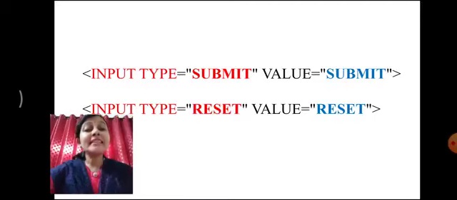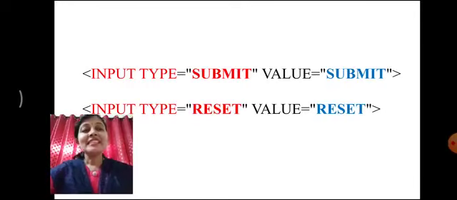And next, what is reset? Input type equals reset. We have assigned the value as reset. When the user clicks the reset button, the form is reset to its original settings.